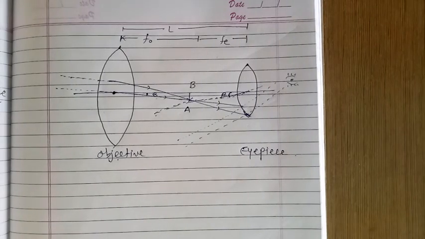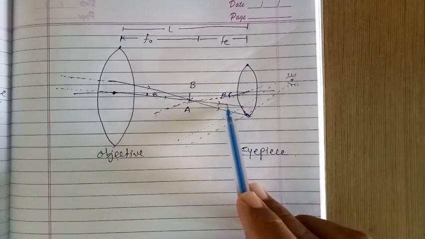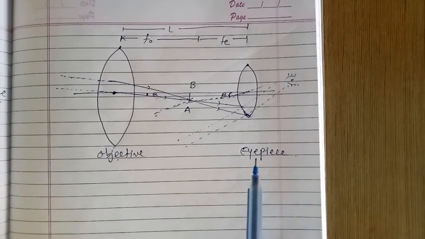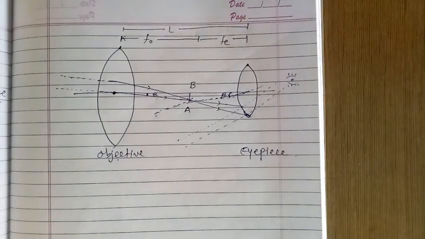You have to remember the magnification of the telescope is equal to the angle subtended by the final image at the eye, beta, divided by the angle subtended by the object at the objective, alpha. So the formula of magnification of the telescope, M, is equal to beta upon alpha, right?